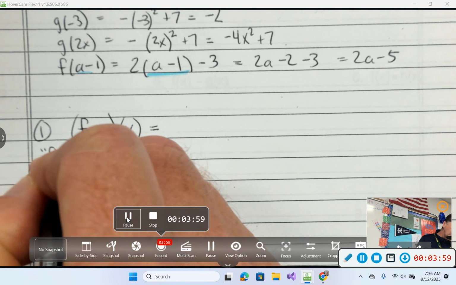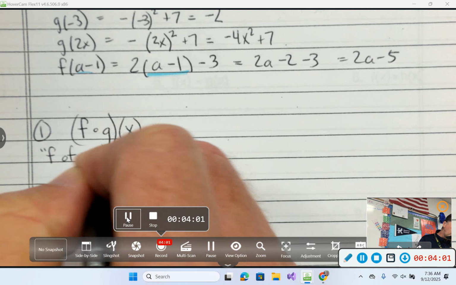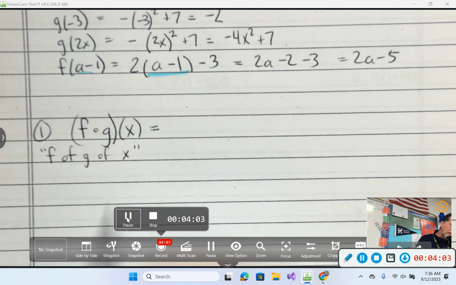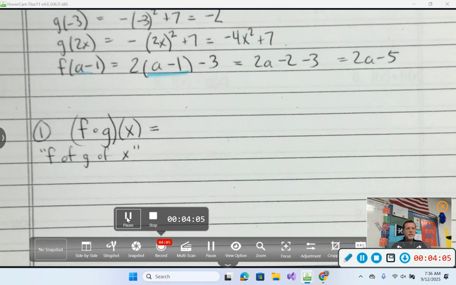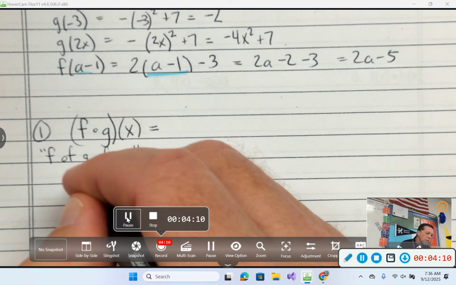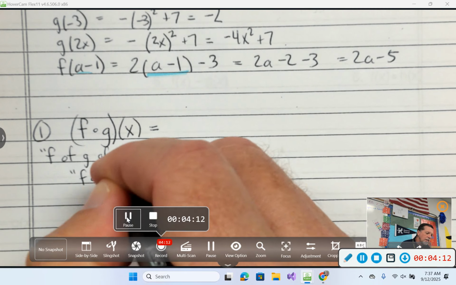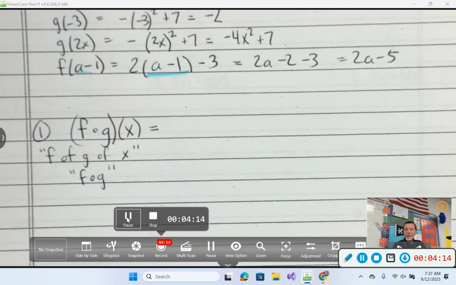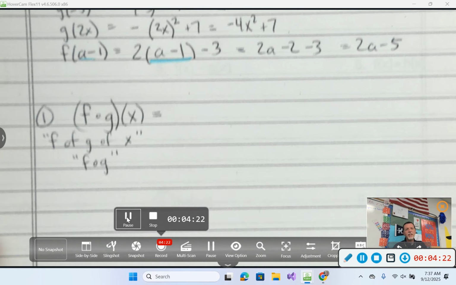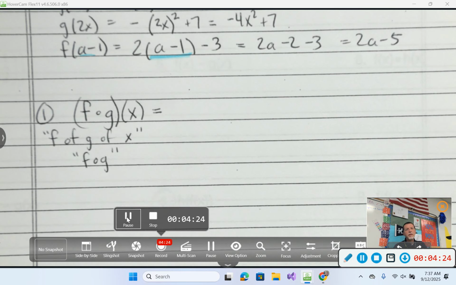How we say it is f of g of x. It's not an official term, but some people, as slang, will just say fog, because that's kind of what it looks like with the open circle there. It's not an O, it's not really fog, but it kind of looks like it, so people abbreviate. Does it have to do with multiplication?